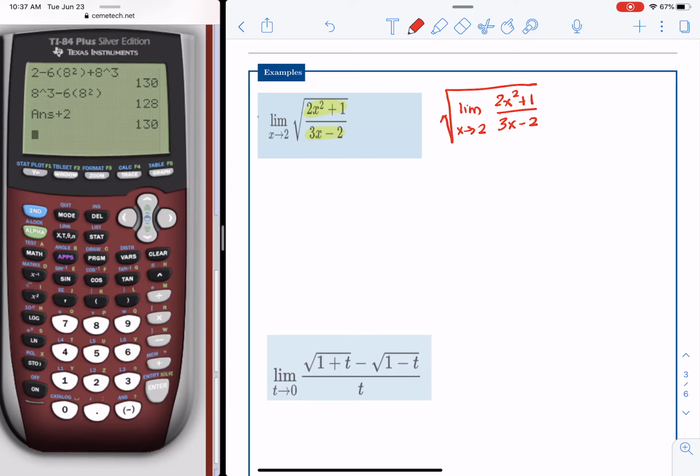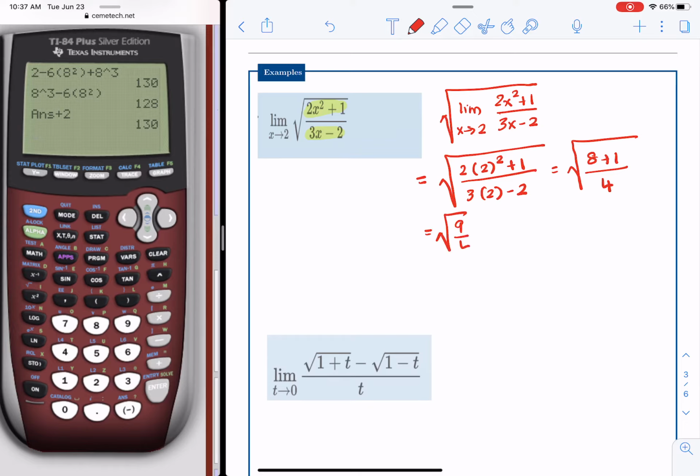And if we apply the limit, the numerator would become 2 times 2 squared plus 1. The denominator would be 3 times 2 minus 2. And we'll have 8 plus 1 divided by 4, which is the square root of 9 over 4, which is 3 over 2.